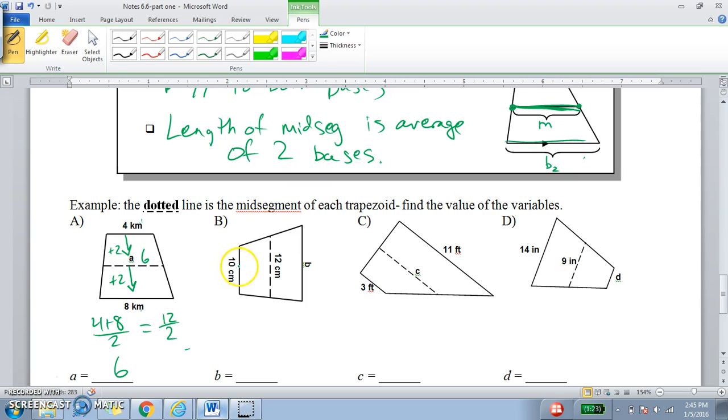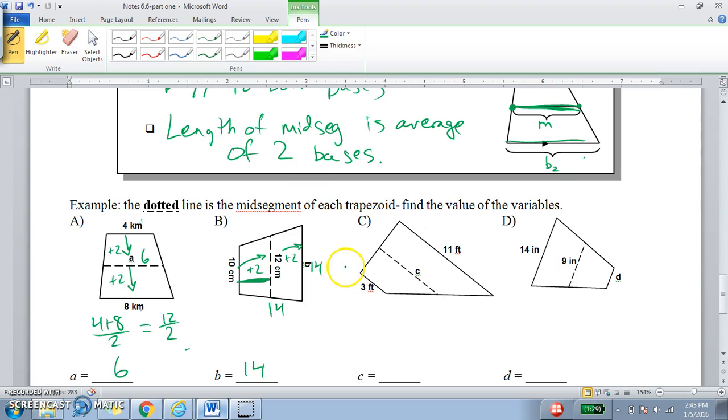I can ask myself, alright, well, how do I get from 10 to 12? Well, again, I add 2. So to get to this other base from 12, I would just add 2 again, and I would get 14 for this base. So you figure out the difference between the base that you have and the midsegment, and then you do the same thing to the midsegment to find the other base.